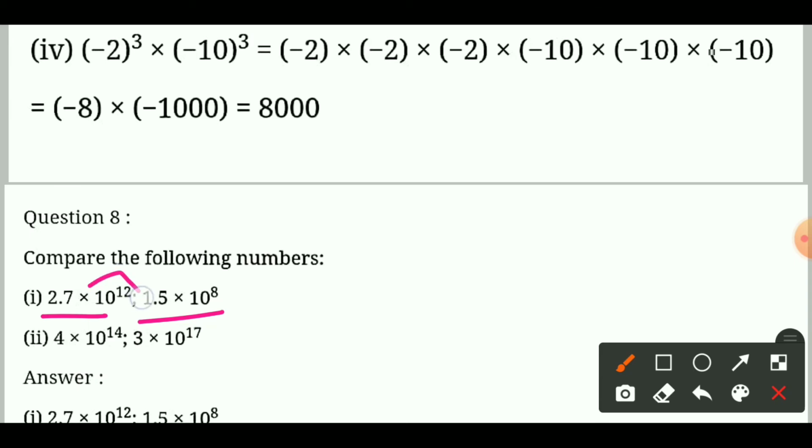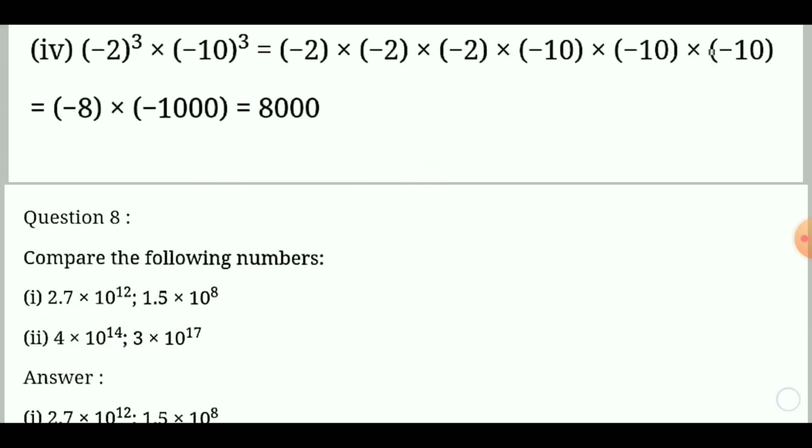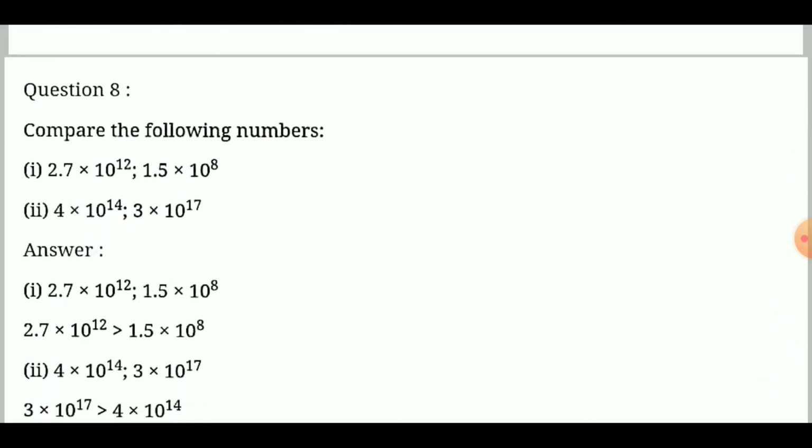First you compare the powers of 10. Here we have 10 raised to power 12 and here 10 raised to power 8. So definitely 10 raised to power 12 is greater than 10 raised to power 8, so this number is greater. Similarly, in the second part, 10 raised to power 14 and 10 raised to power 17. So 10 raised to power 17 is greater, so this one is greater. Simply you can write.